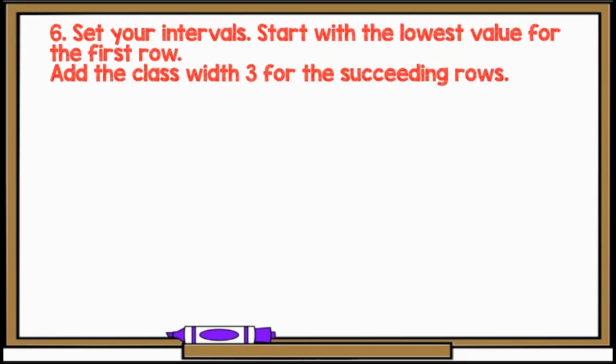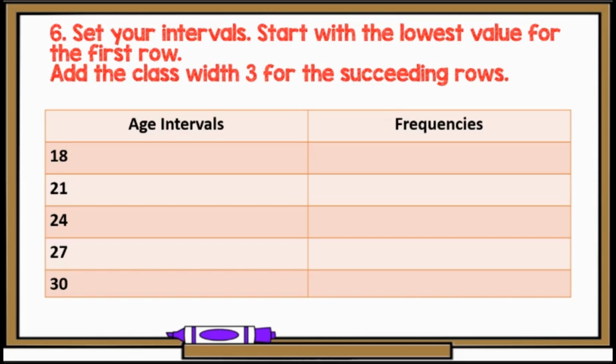Now, let's set your intervals. This is step 6. Start with the lowest value for the first row. Add the class width 3 for the succeeding rows. So, for our age intervals, we start with 18. This is what we call the lower class limit, because the entries in these rows are the classes. The lower class limit is the one on the left, the lower value. So, how did we get the lower class limits?